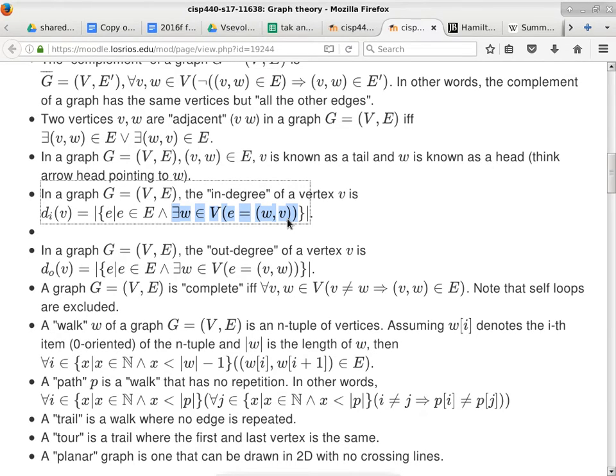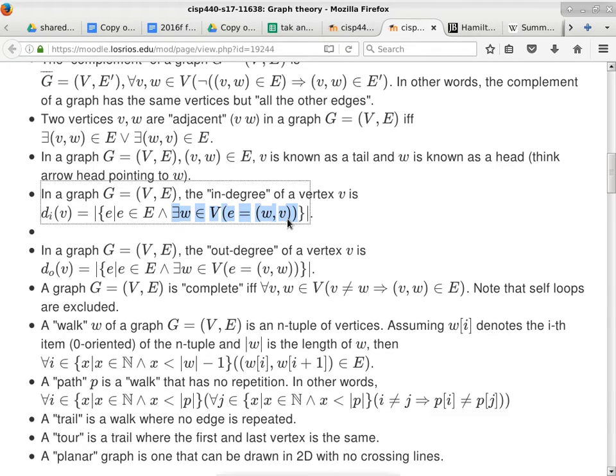We have vertex W, we have a vertex V. How do we draw the arrow? In which direction? W is our tail, V is our head. So you draw the arrow like this. That helps because now you see that this is an actual arrow as opposed to a symbolic arrow. Is that making any sense?